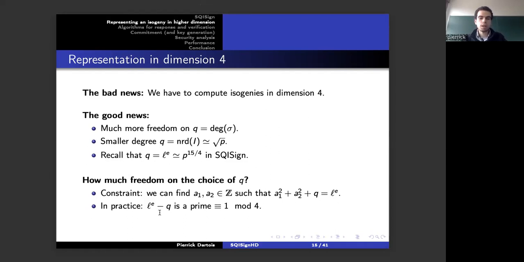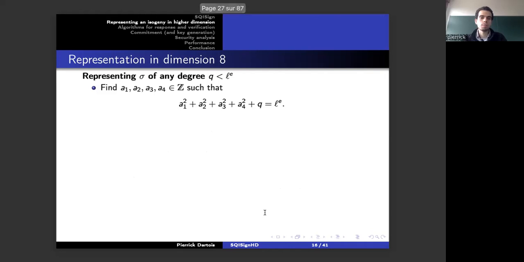So for that, we need L to the E minus Q to be a prime congruent to 1 modulo 4 to ensure that we can use Cornacchia's algorithm and find those A1 and A2 easily. But we couldn't get rid of that condition by going into even higher dimension. So this has just a theoretical interest, just a side remark.